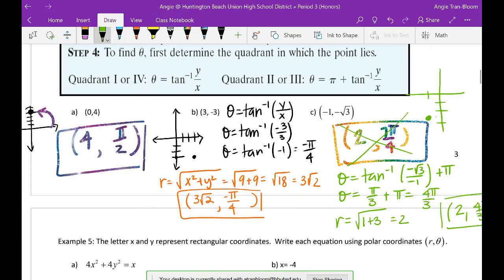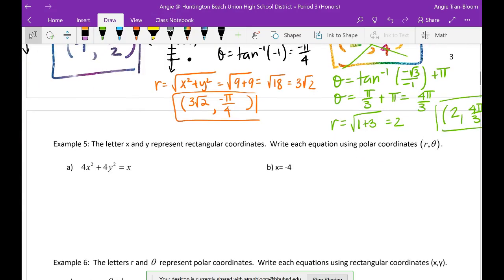All right, last example of today. Caitlin D, can you help me read the directions, please? The letters x and y represent rectangular coordinates. Write each equation using polar coordinates r and theta.